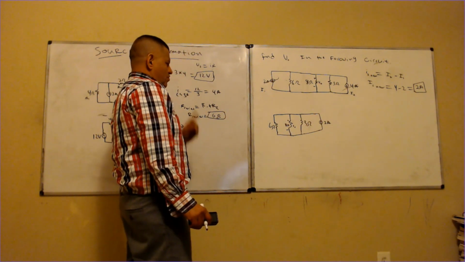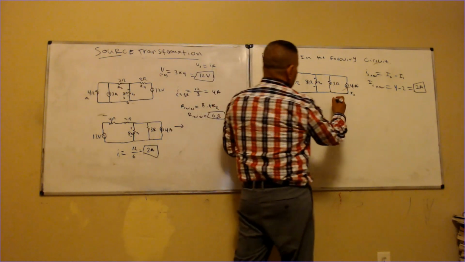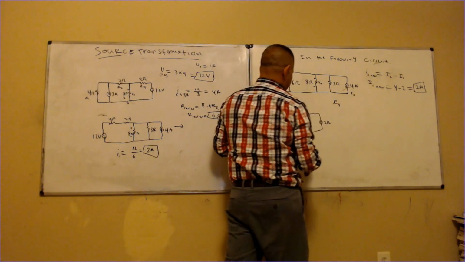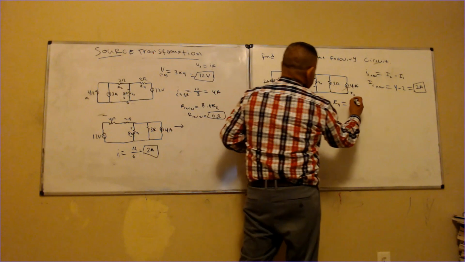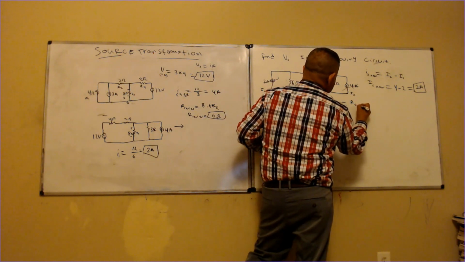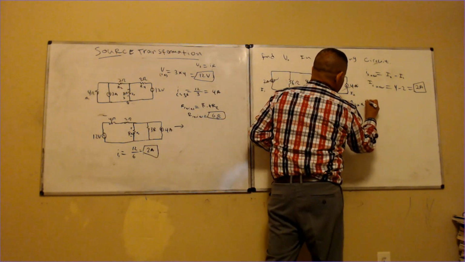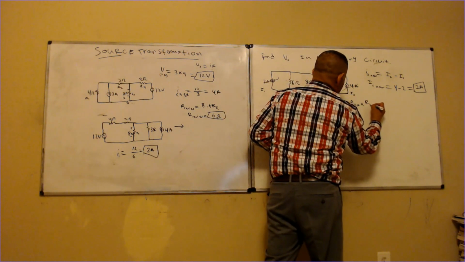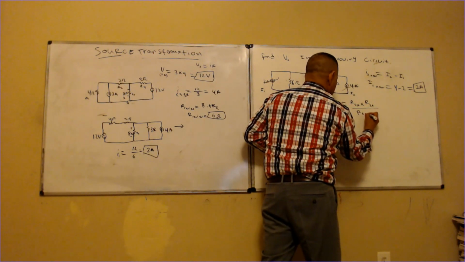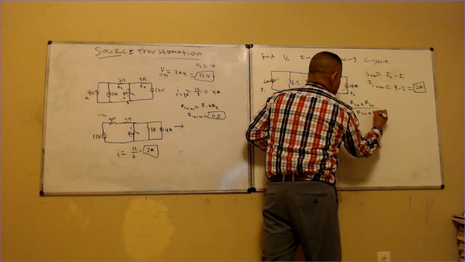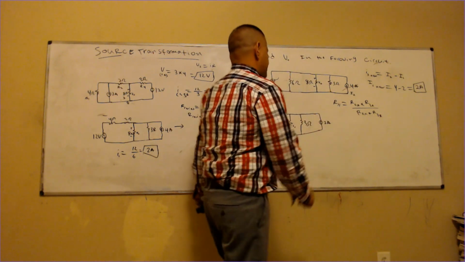Okay, so think about this. These guys are in parallel, right? So I can say that R parallel is equal to R 6 ohms times R 3 ohms divided by R 6 ohms plus R 3 ohms, right?